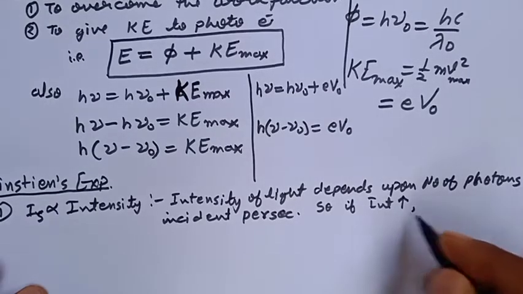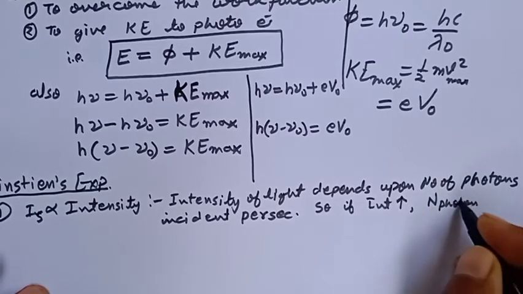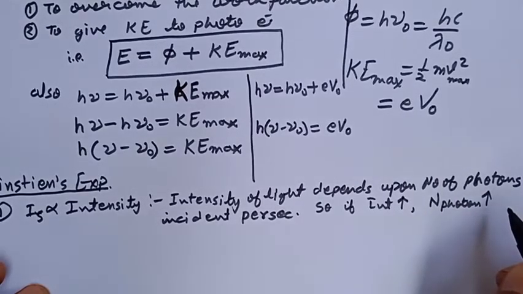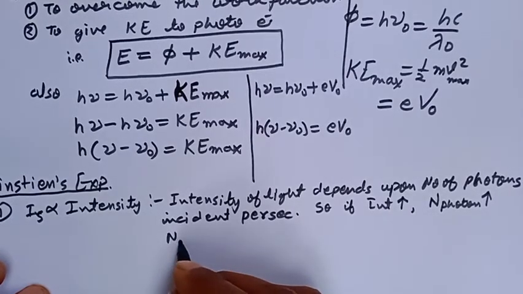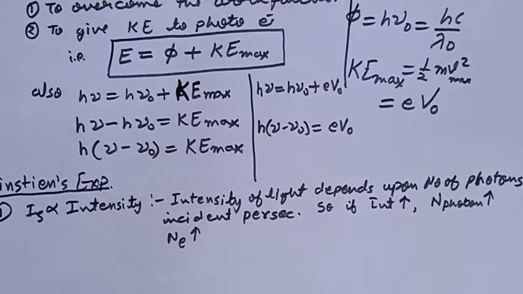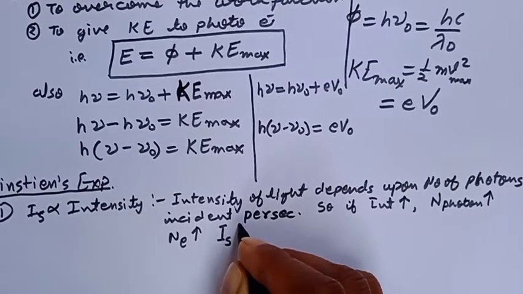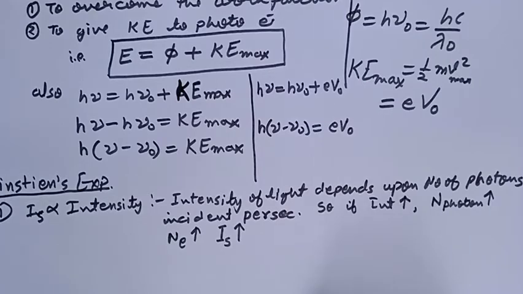Intensity increases, then the number of photons will also increase, and therefore the number of photoelectrons will also increase, and hence saturation current will also increase, and it is independent of frequency except threshold frequency. That's all.